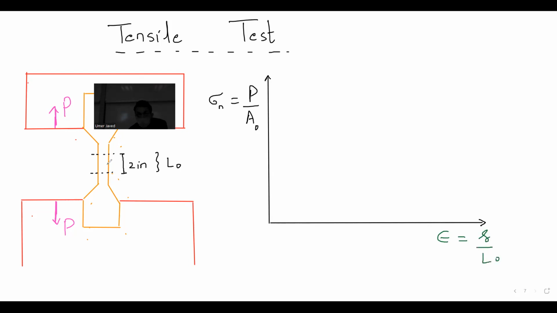And what is the original length? That's the marked length. This is the kind of curve that you see in a lab setting for low carbon steel. I think in your physics classes, you have seen such a diagram. I'm sure of that.